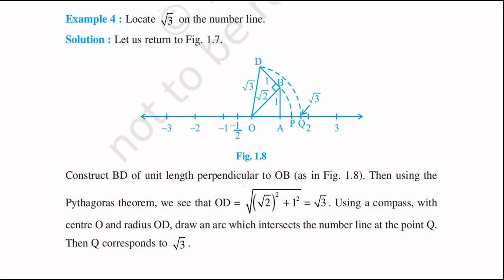We can see that OD is equal to root of (root 2) whole square plus 1 square, which is equal to root 3. Using a compass with center O and radius OD, draw an arc which intersects the number line at the point Q. Then Q corresponds to root 3.